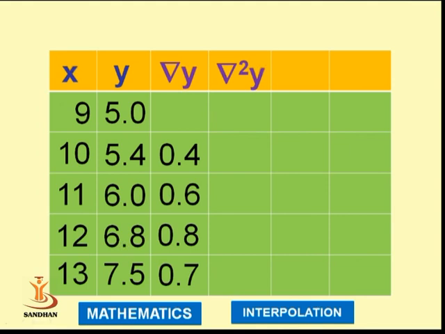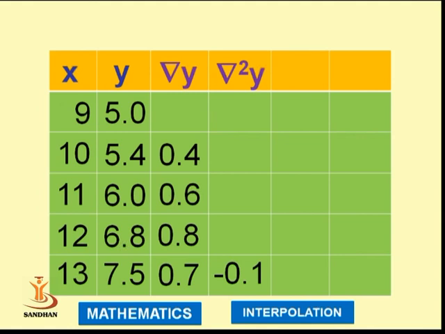So nabla 2 y5 can be computed as nabla y5 minus nabla y4. The second order backward difference is computed as a difference of the first order backward difference. So that is nabla y5 minus nabla y4, which is 0.7 minus 0.8, equal to minus 0.1, and nabla 2 y5 is minus 0.1.